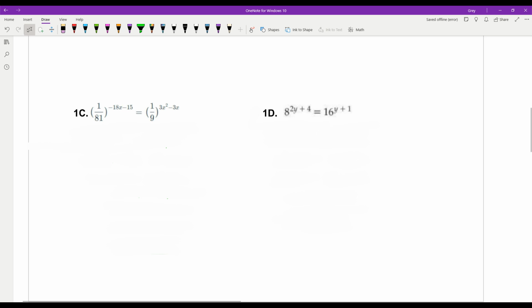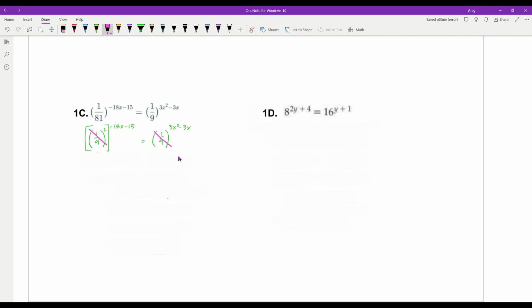And you can do it as 9, but you could also just do it as 1/9, which I think I'm going to do. Because if I do it as 1/9, the right side stays the same. It's just 1/9 to the 3x squared minus 3x. But how do I get 1 over 81 from 1 over 9? Well, that's just 1 over 9 squared. So now I have my same bases, and the base is 1/9 on both sides.